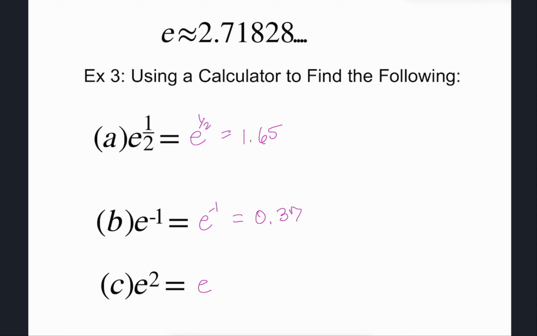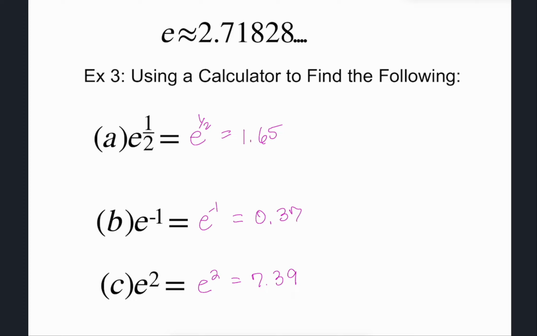And then finally, e squared, that's really just 2.71828 times 2.71828. But the more accurate you can be if you use that actual e button, then don't round until you get a final answer. And our final answer is 7.39.